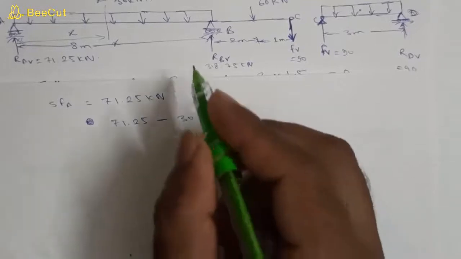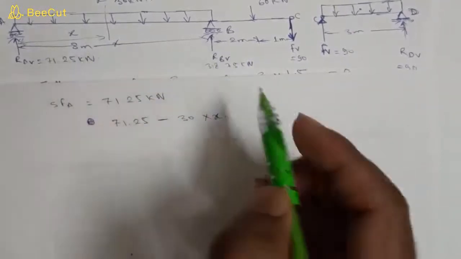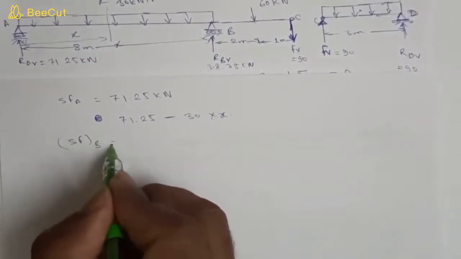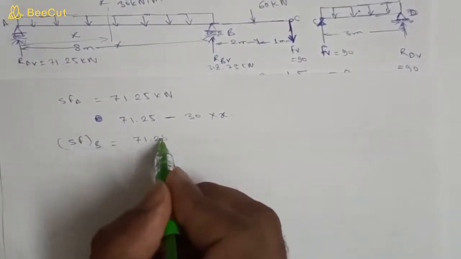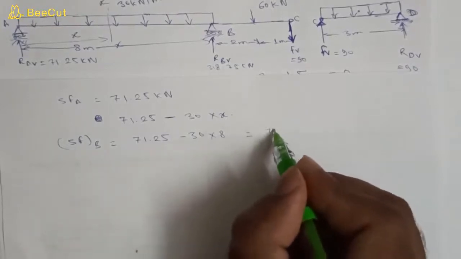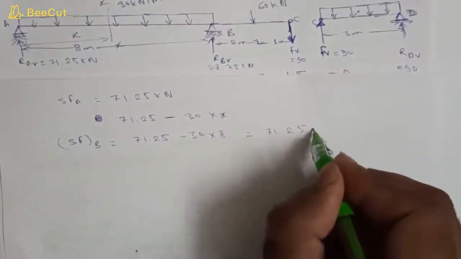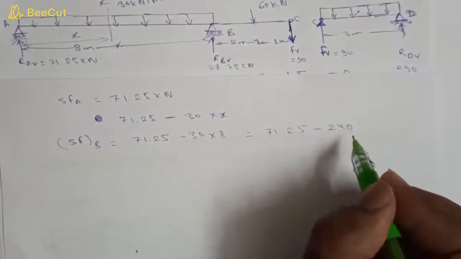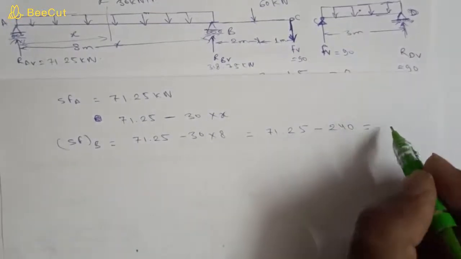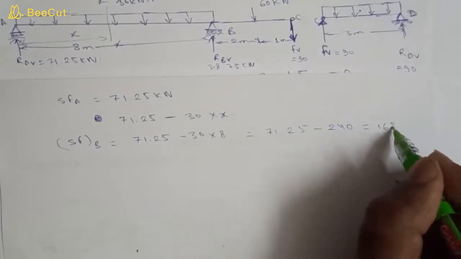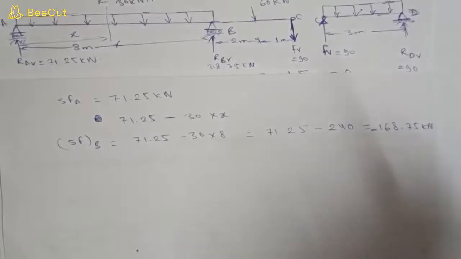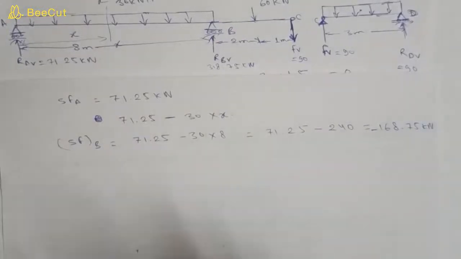So shear force at point B, here x will become 8, so shear force at point B will become 71.25 minus 30 into 8, so it will become 71.25 minus 240, so it will come around 168.75 in negative kilonewton. Okay, so this is the shear force at B.